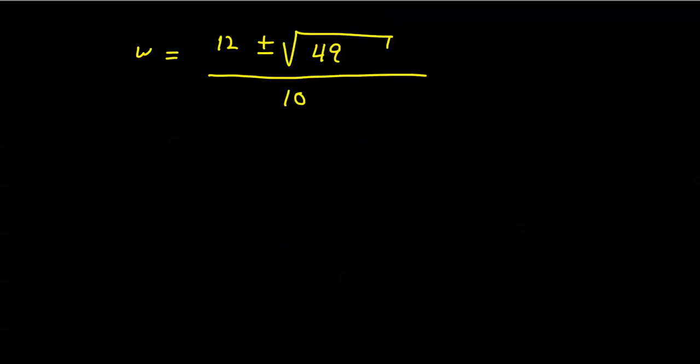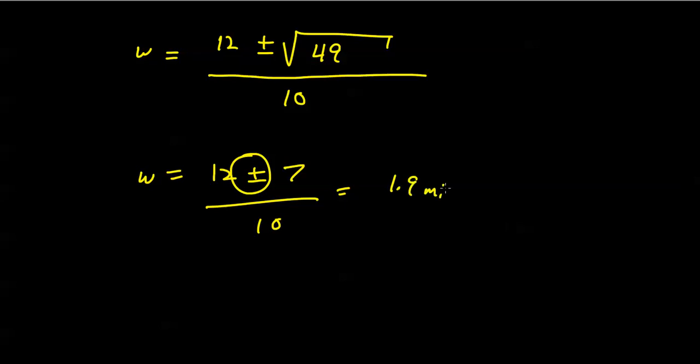Okay. So W then equals 12 plus or minus, well, the square root of 49 is 7, over 10. So with the plus option, I get 19 over 10, which is 1.9 in miles, or 12 minus 7 is 5, and 5 over 10 is 0.5 in miles.